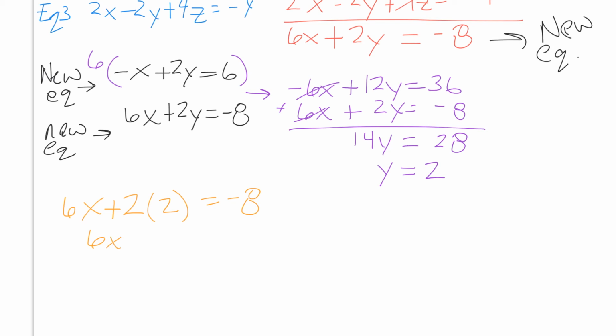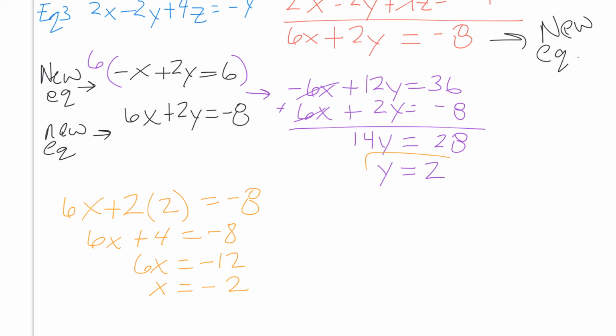So we get 6x plus 4 equal to negative 8. If I subtract 4 from both sides, we get 6x equal to negative 12. And then if I divide both sides by 6, we get x is equal to negative 2.